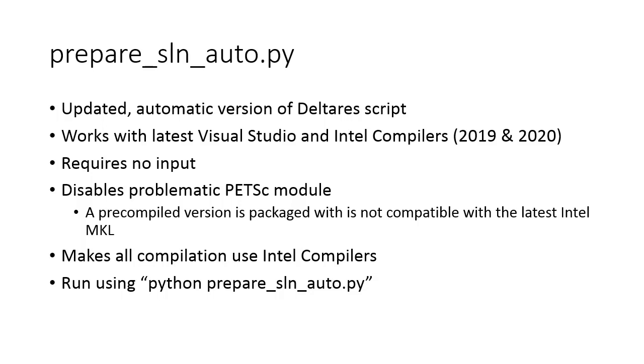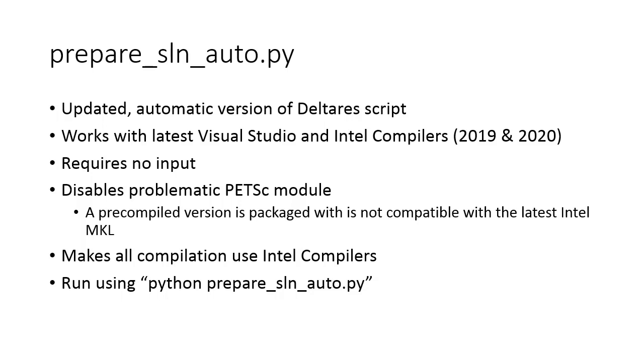So that's 2019 and 2020. It doesn't require input from the user, unlike the original Deltares script, and it also automatically disables the problematic PETSc module, where a precompiled version, a DLL, is packaged in the source code, which isn't compatible with the latest Intel math kernel library, which causes it to break.